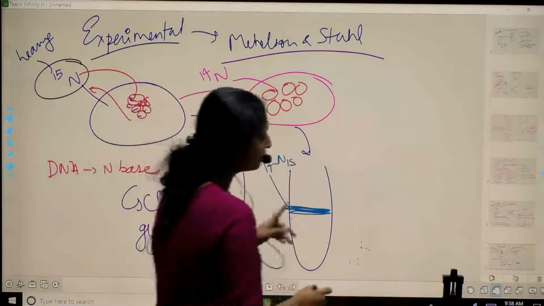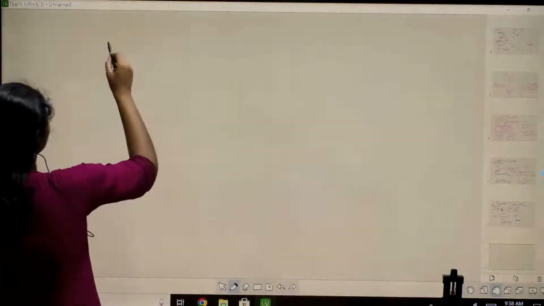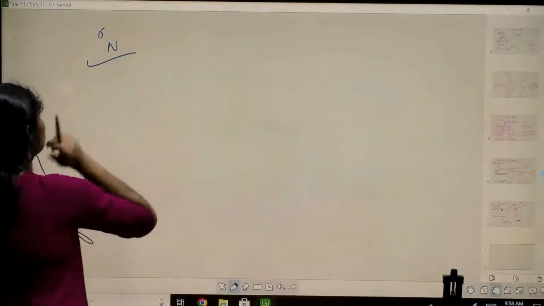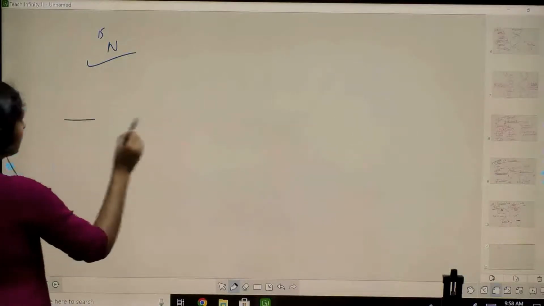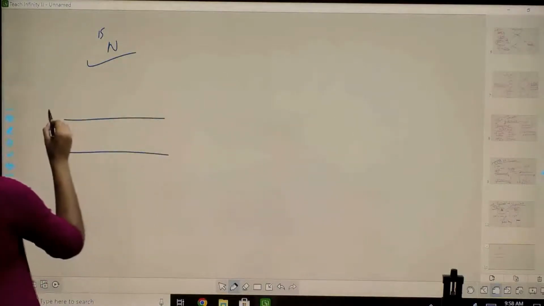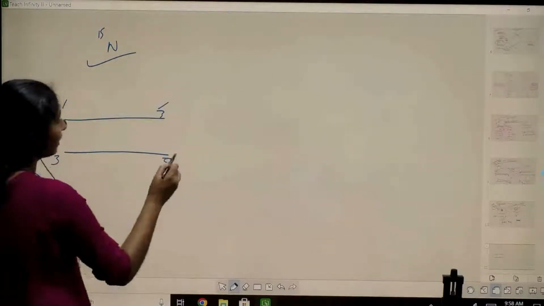Okay, so let's understand what happened here. When the bacteria was growing in the N15 medium, it used N15 to form its DNA. So it's basically the DNA that is present here is your N15, and this DNA is heavy.